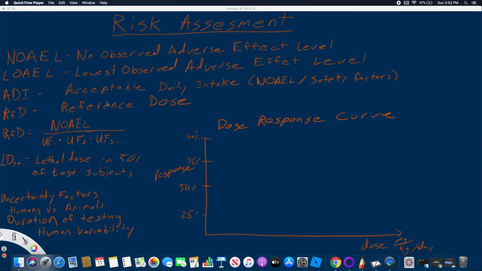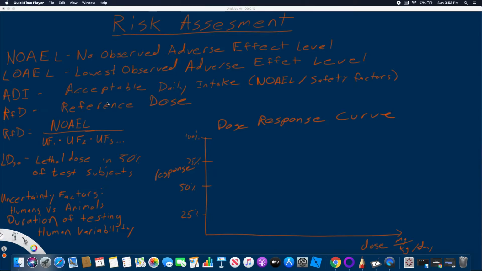And also the lethal dose. So this kind of comes back to variability, something you might get asked about, lethal dose. So lethal dose, or LD50, is what is the lethal dose in 50% of test subjects. So, obviously, even with mice, you're going to have variability.